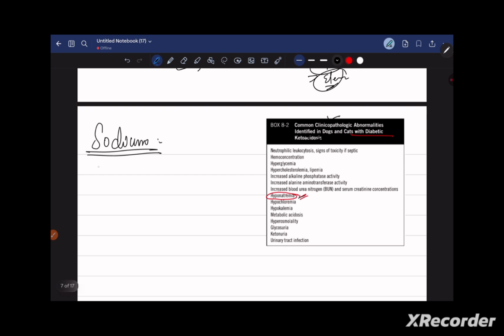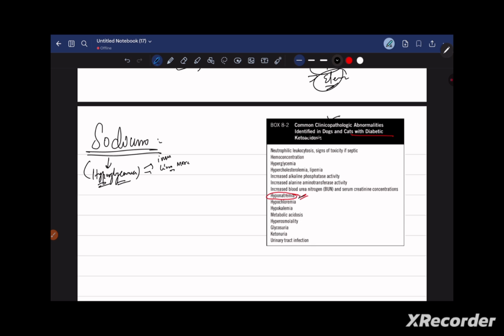Remember, in diabetic ketoacidosis there is a hyperglycemic state, meaning there is increased concentration of glucose in the blood. What are the reasons? First, there is insulin deficiency. Second, the liver is producing more glucose.